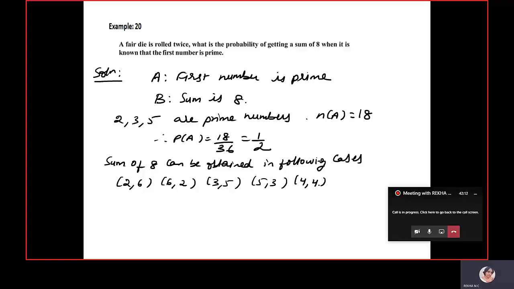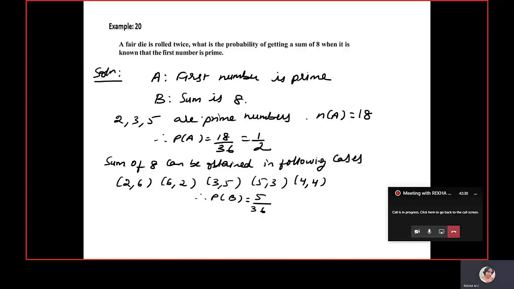So therefore P of B is equal to 5 by 36.